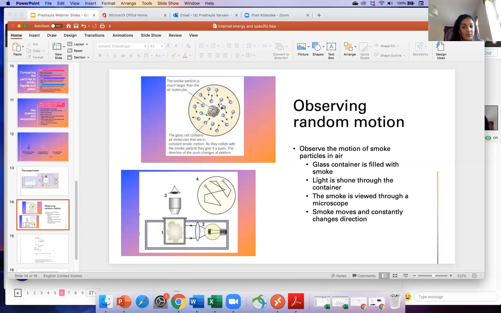As they collide with the smoke, they push it around and the direction of the push is completely random. So by using smoke, we are now able to see for ourselves and prove to ourselves that the motion of gas is really random. And you can take it one step further and research for yourselves Brownian motion. That's Brown with I-A-N. I'll just write it for you guys.